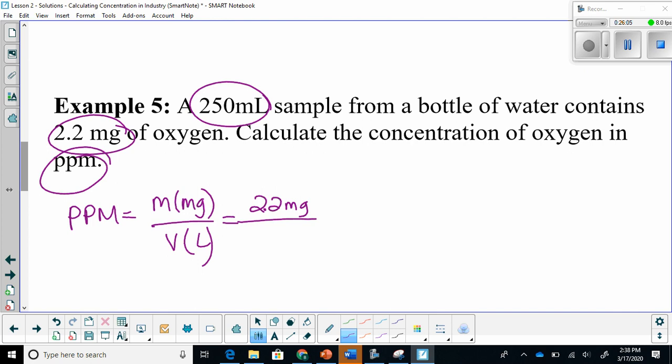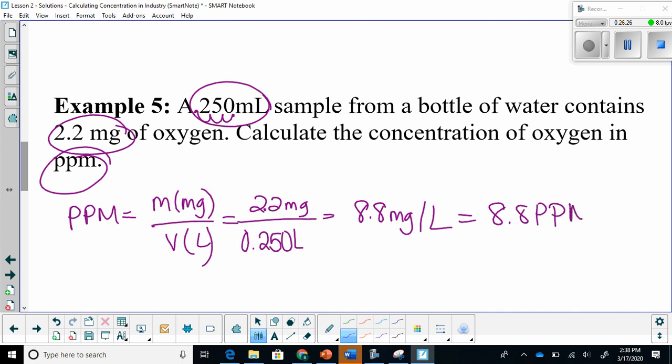That is the same thing as moving your decimal 3 times over. So in liters, it'll be 0.25 liters. Once you divide that out, you get an answer of 8.8 milligrams per liter, or 8.8 parts per million. Both of these tell me the same information.